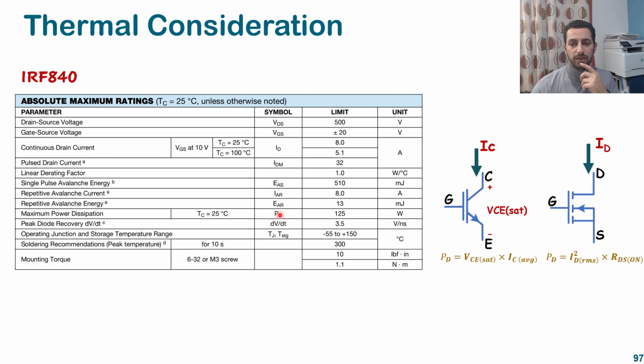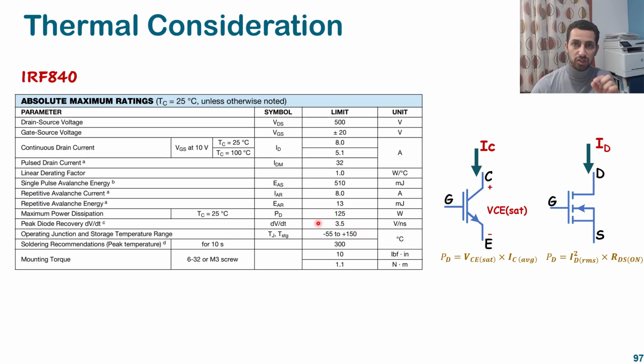So that's why the temperature actually produces for me a new MOSFET with different ratings that I should consider, and if I don't, I will damage my MOSFET. And the thing that I need to look at and maintain always is called the junction temperature. We have here the junction temperature. It says it's up to 150 degrees.